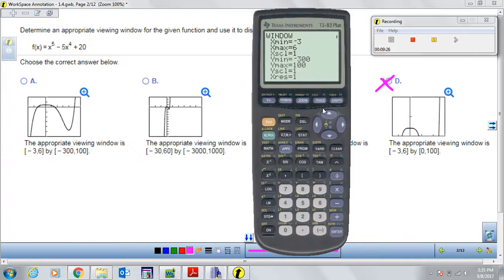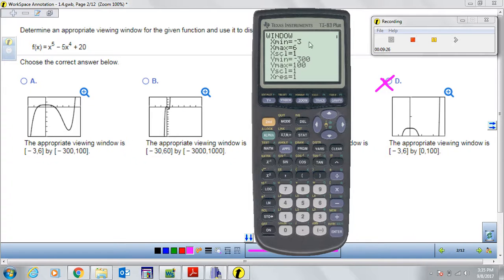And you can probably agree with me that this is way better than looking at the same graph super far away, where you cannot really see the x-intercept or the y-intercept.